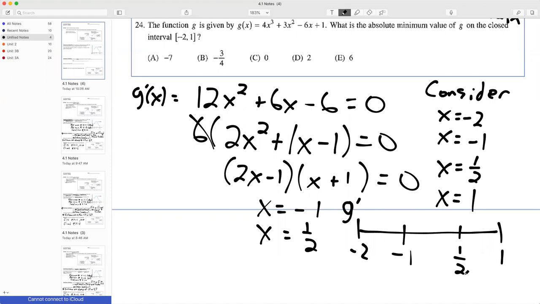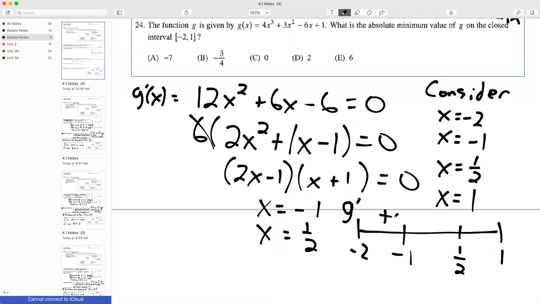It doesn't matter, but I think it's easier if I plug the values into the factored form of the derivative. So if I pick a value between -1 and -2, let's say -1.5, that would give me -1/2 here, and then a negative value here, and so negative times a negative gives me a positive.